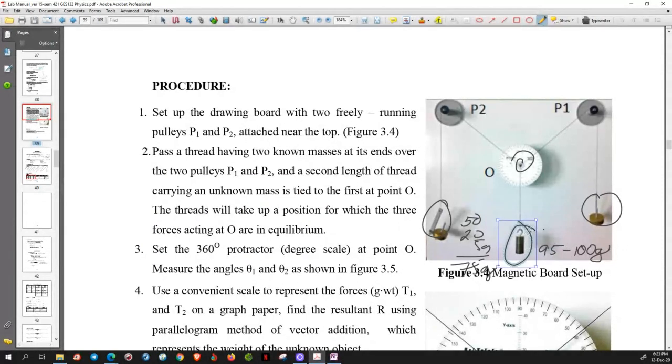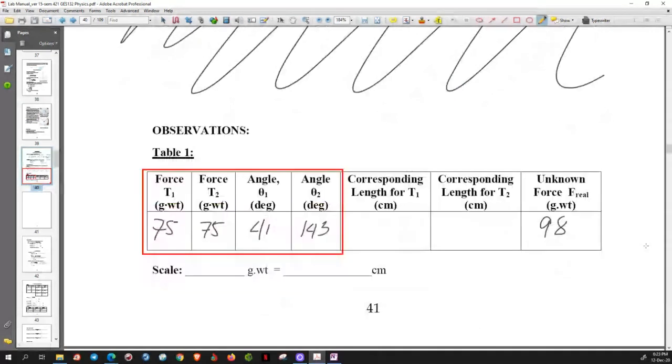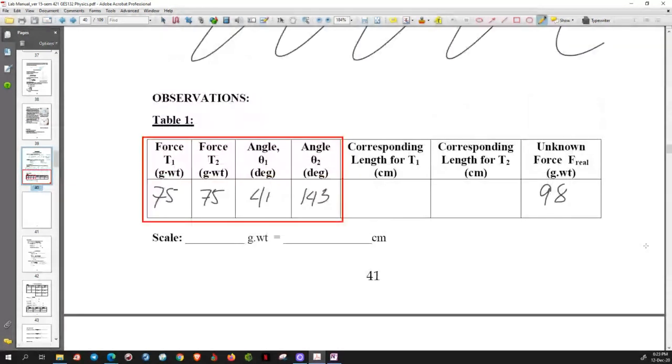Okay? Now, let's go to the graph. Now, for the graph, Shabab, the best way, I will explain, okay? Check your calculator again. The best way to do the graph is, of course, using the right scale.